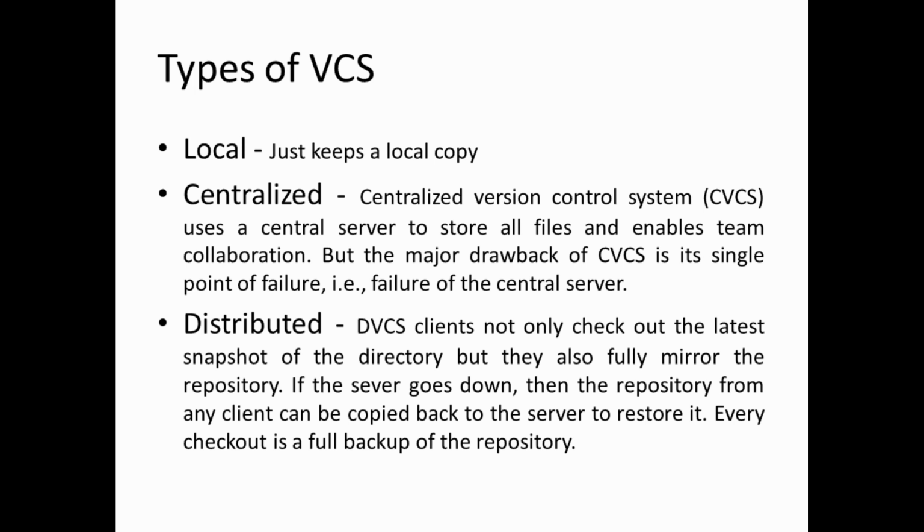Every checkout is a full backup of the repository. So when I say checkout, there is one operation we are going to discuss, that is clone. When I say clone from the repository server, we are just cloning the entire content to our local machine.